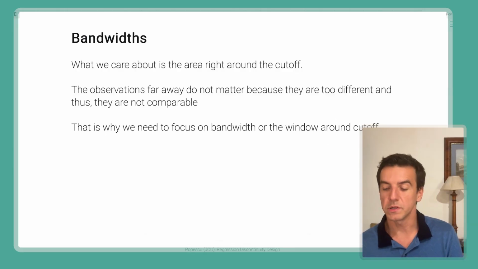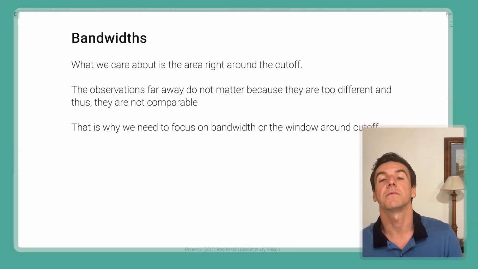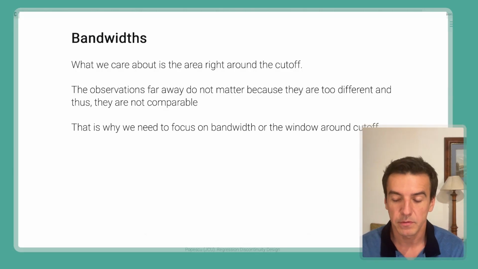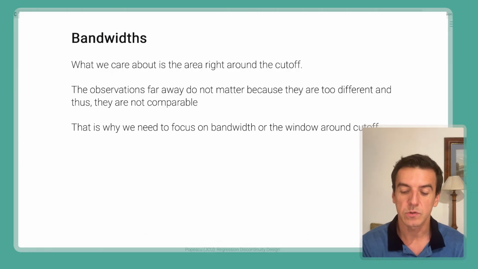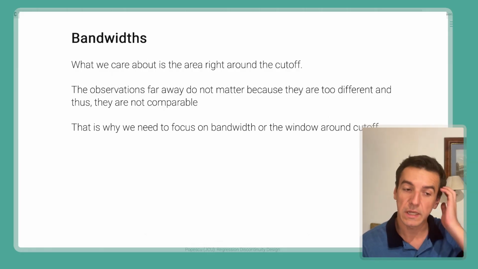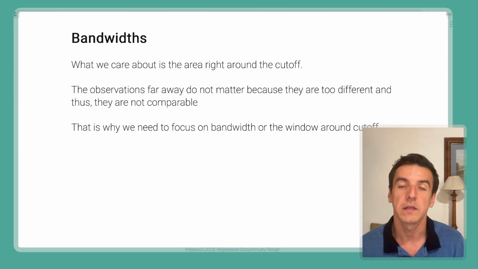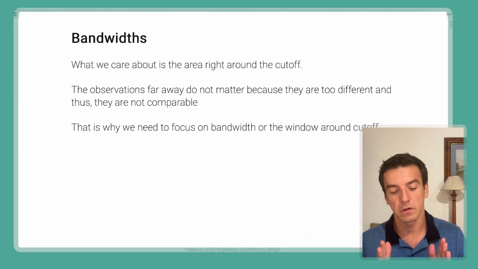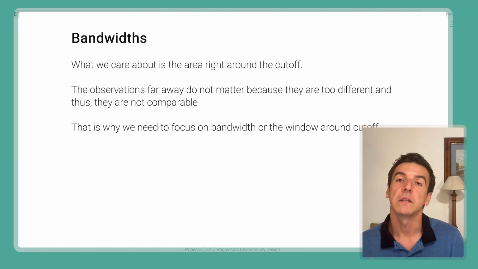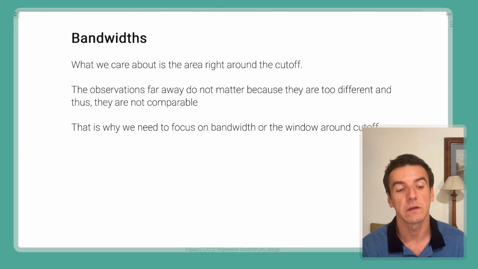So one important parameter that's also going to affect the size of the gap is the bandwidth. Essentially, how close are we getting to the cutoff, right? So if we're getting really close or we're staying far away from the cutoff, that will also impact the results that we're getting.